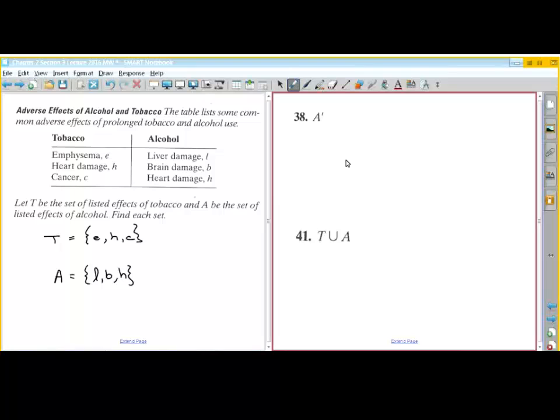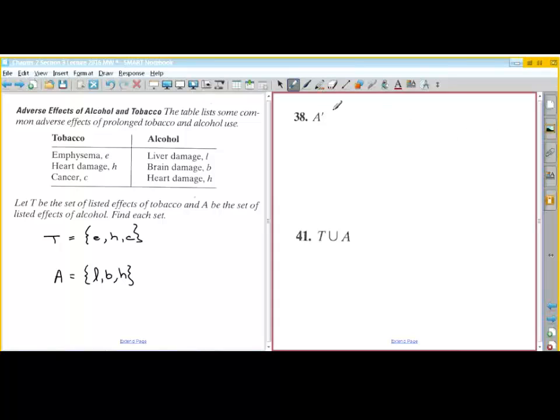So here are two examples. Number 38 asks for the complement of A. Basically what that means is the symptoms or these adverse effects that are not associated with alcohol, but are associated with the other things that we're looking at. In this case, we're only looking at two things.